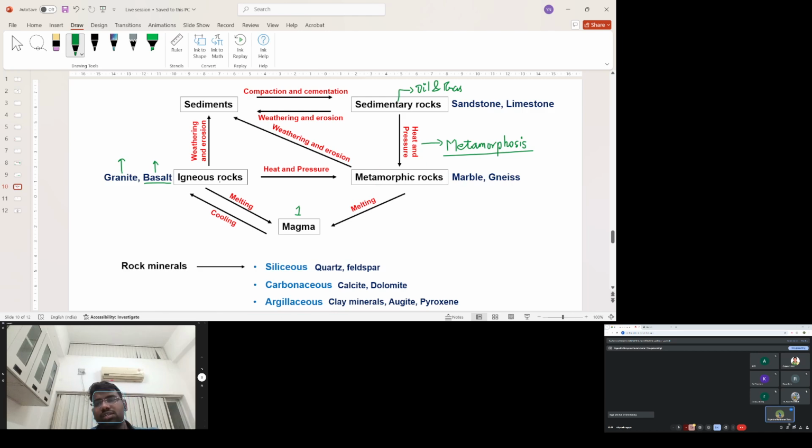In a similar way, igneous rocks on further action of heat and pressure form metamorphic rocks. And even metamorphic rocks, when they get weathered and eroded, result in the formation of sediments.